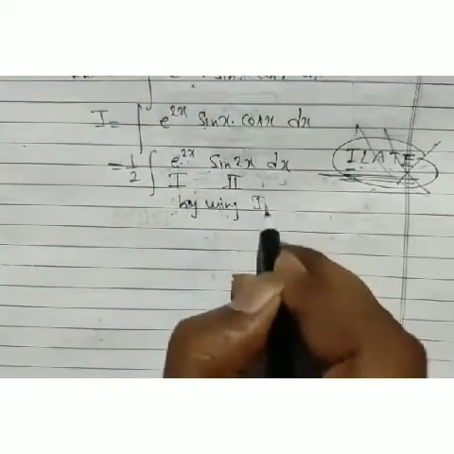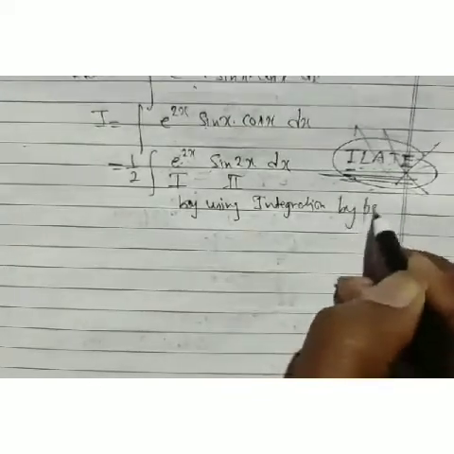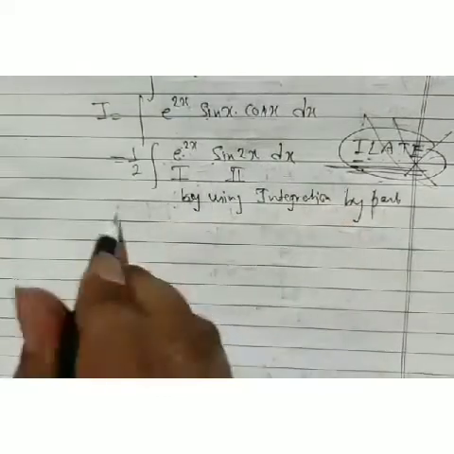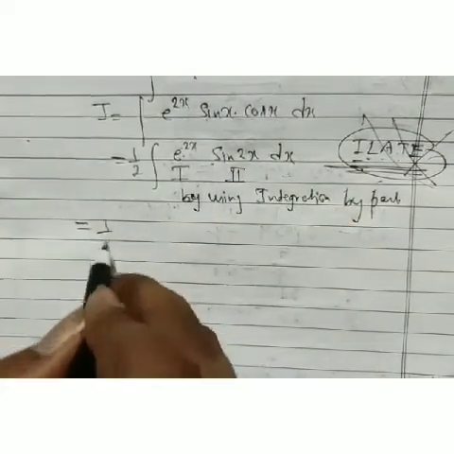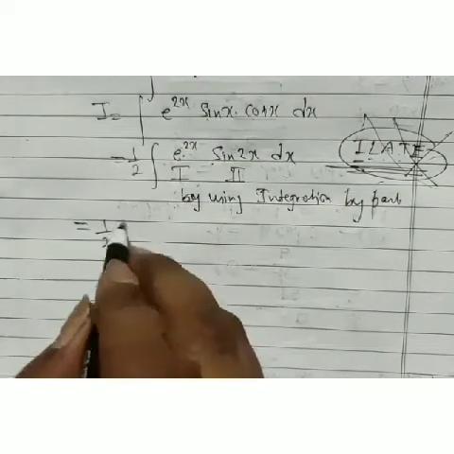Thus now we are using integration by parts. Now look what we have. We break the rules here. Now we have 1 by 2 common.